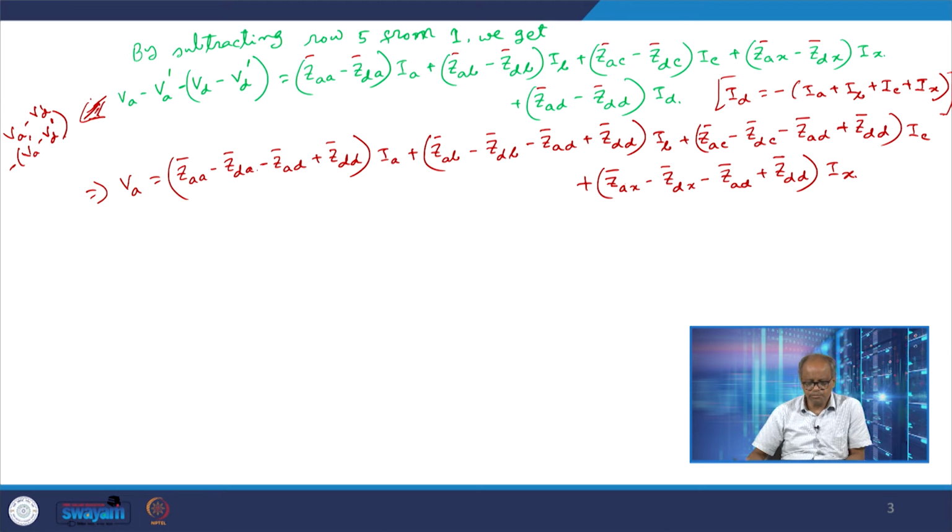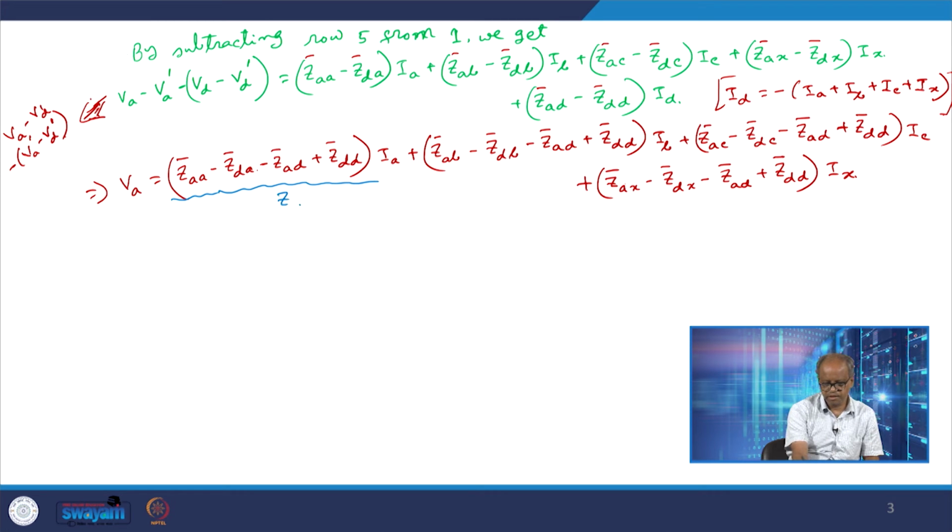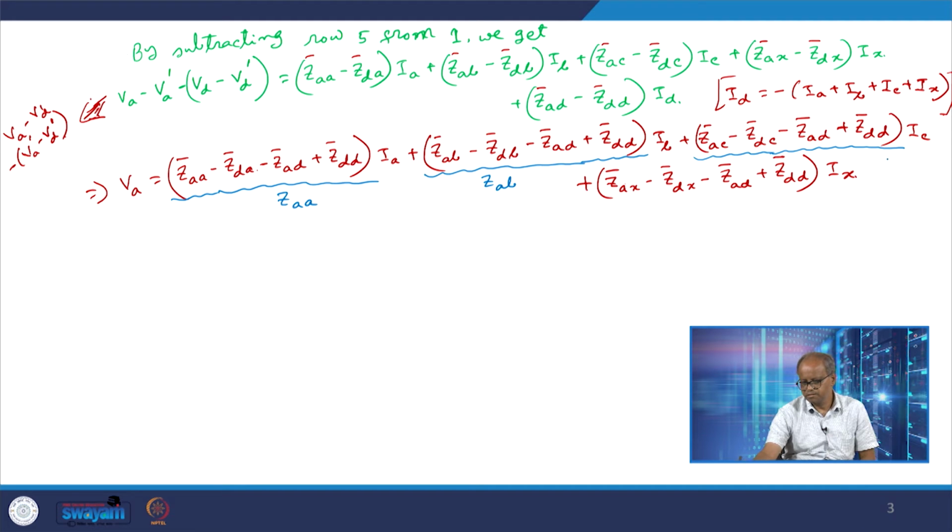If I do this similar operation, of course we then denote this quantity as, let us say, ZAA. I denote this quantity as ZAB, this quantity as ZAC, and this quantity as ZAX. Please note, now these quantities are all without any overbar.